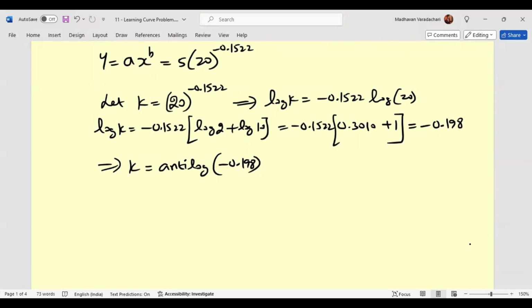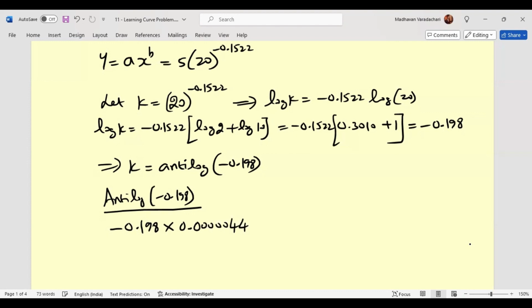Now let us calculate the antilog using a regular calculator. So first we will have to type this negative 0.198. Then we will multiply this by 0.5 zeros, 1, 2, 3, 4, 5, and then double 4. And then whatever resulting number we get, we will add it with 1 to get 0.9969 and then 1.